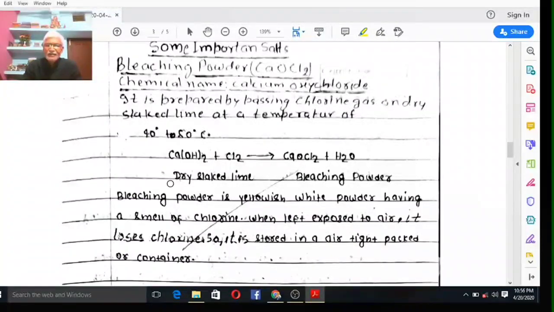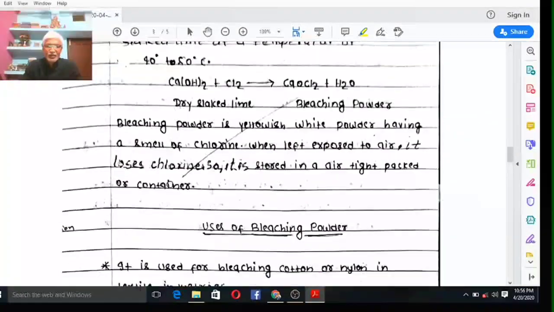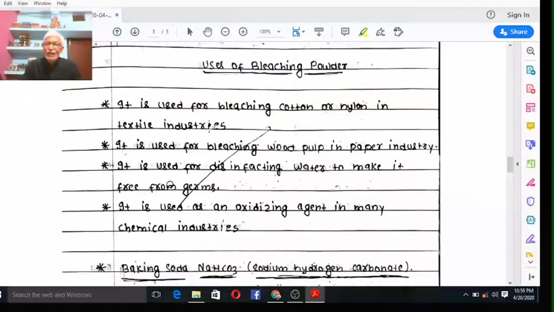Bleaching powder is a yellowish white powder having a smell of chlorine. When left exposed to air, it loses chlorine, so it is stored in airtight containers. There are various uses of bleaching powder.